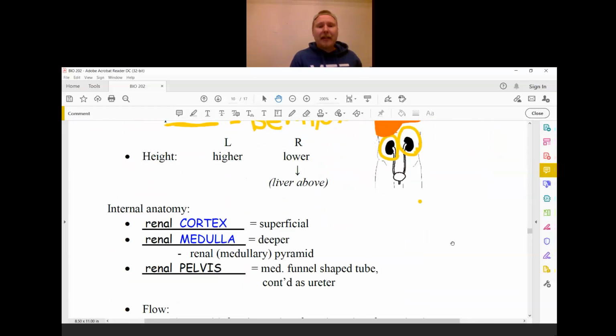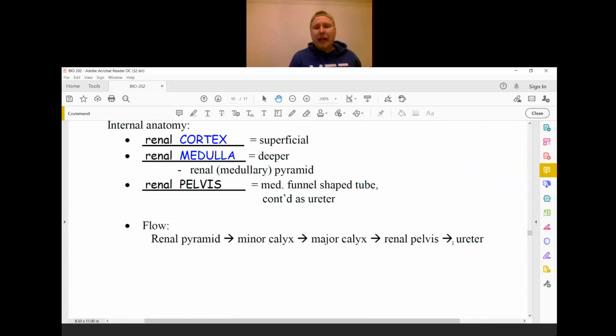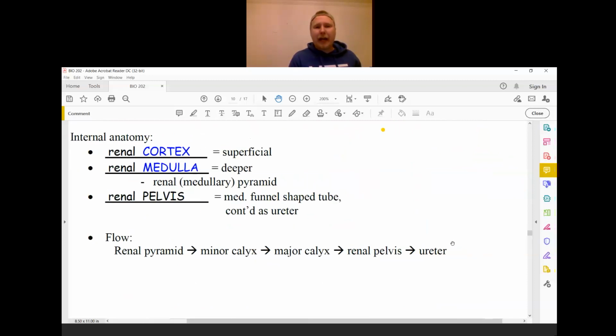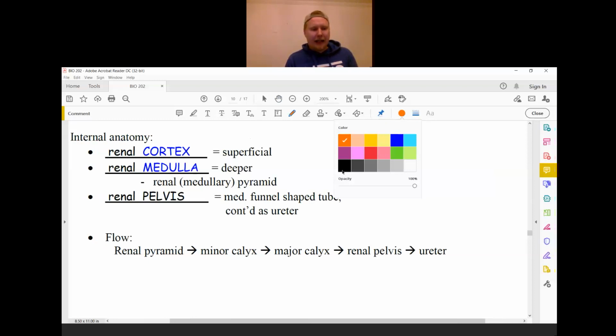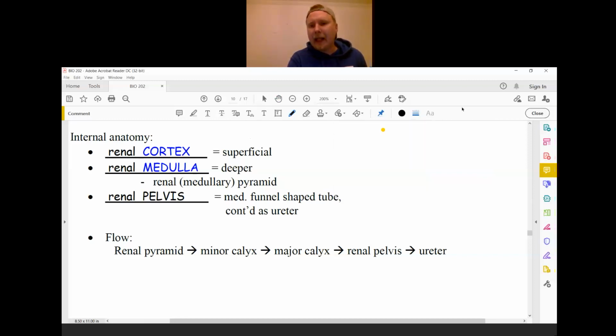Let's have a look at the internal anatomy of the kidneys a little bit. And I'm going to sketch a diagram here to help us discuss that. Let's see if we can do that nicely here. So we're going to draw a kidney with a cross section of it.